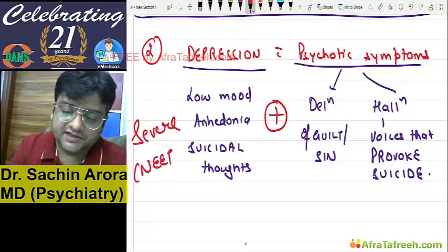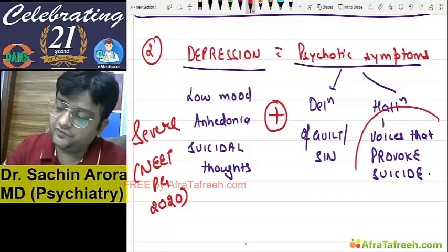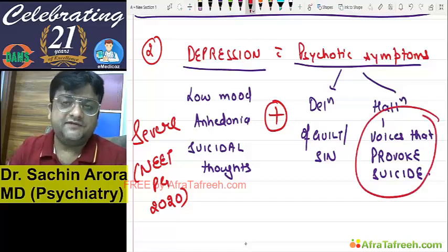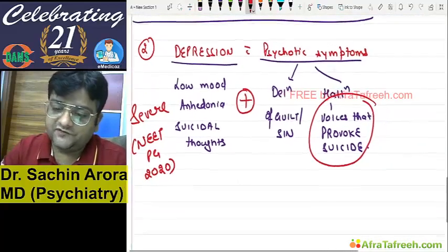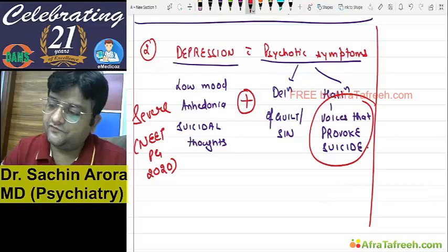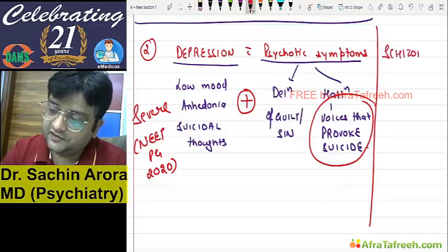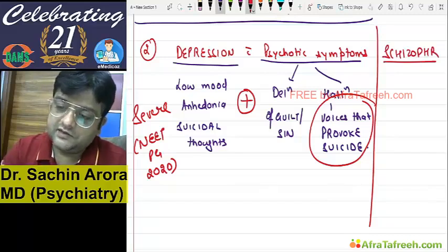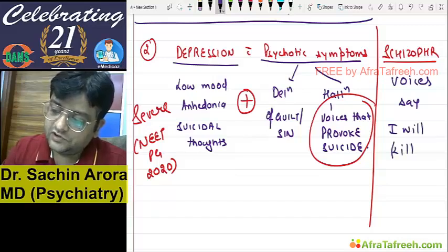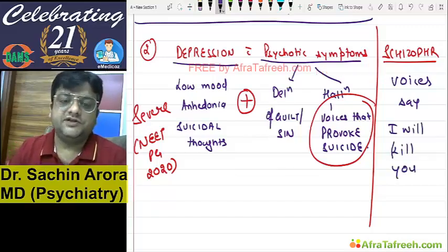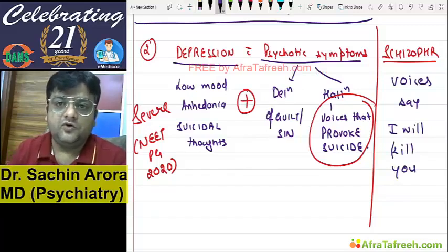It is a severe depression. Asked in NEET-PG 2020. The problem is the student get confused with the voices. They believe that if voices are there, it has to be schizophrenia. You have to differentiate this case from schizophrenia. Schizophrenia, the voices say, I will kill you. Depression with psychosis, the voices say, go and die yourself.